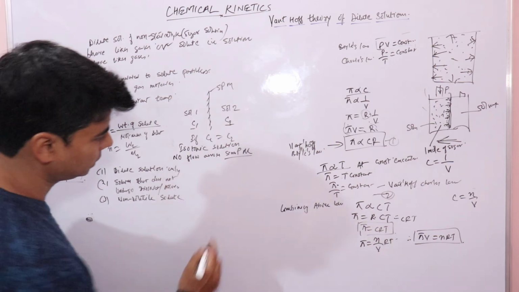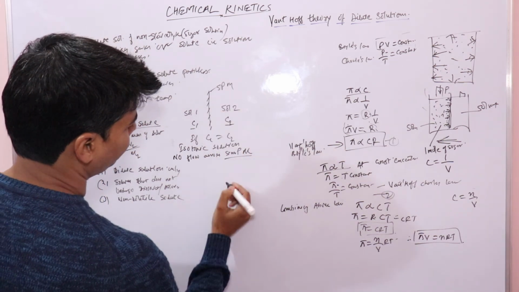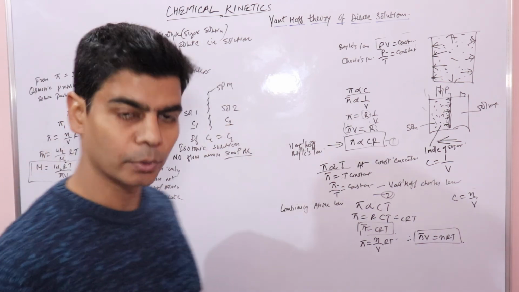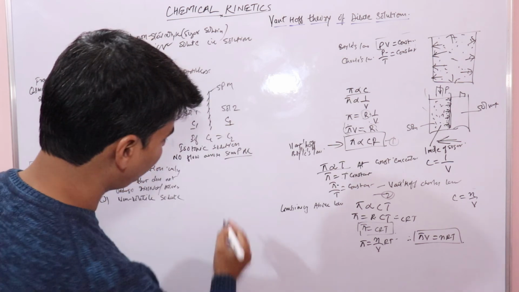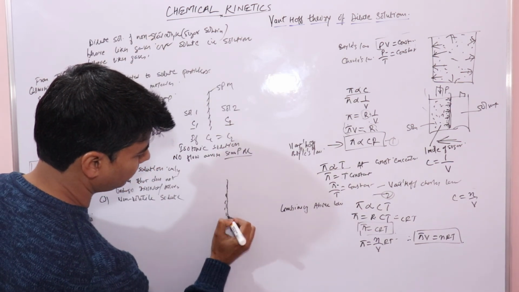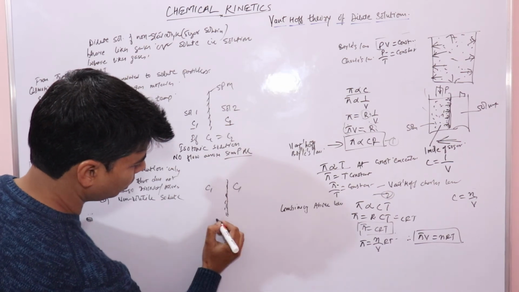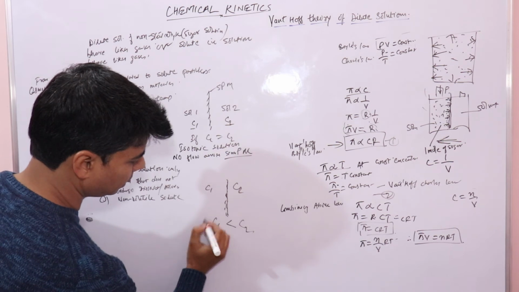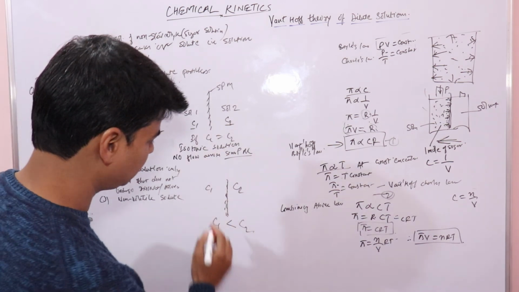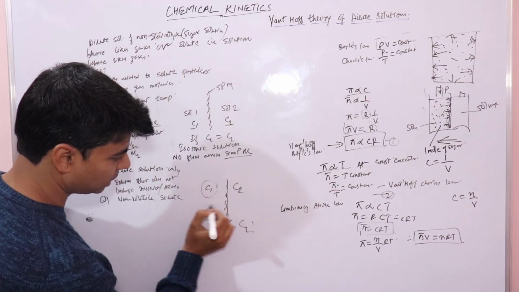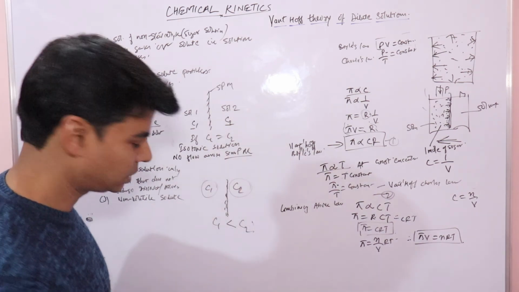There is one more thing, since here there is a term hypertonic solution and hypotonic solution. If we have two solutions separated by a semi-permeable membrane, with concentrations C1 and C2, and C1 is less than C2, that means C1 is less concentrated and C2 is more concentrated.